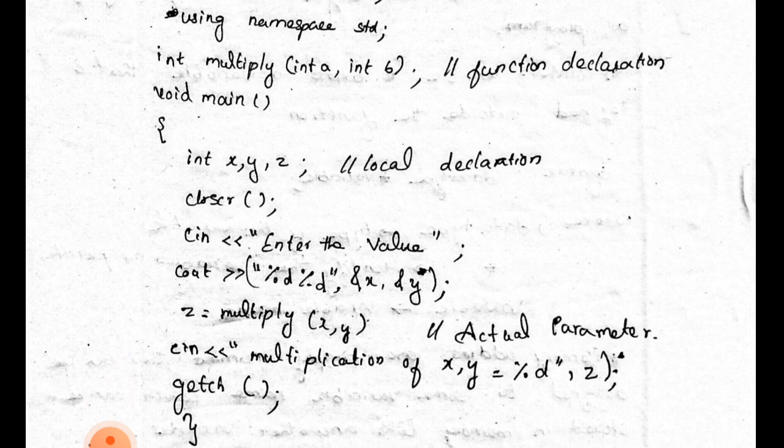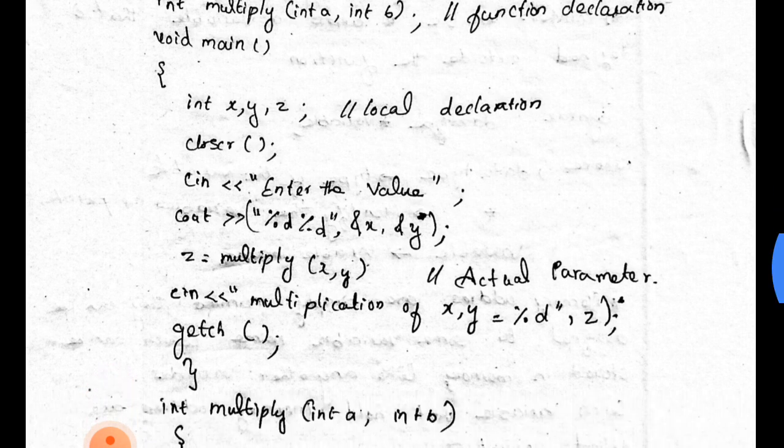Then clear screen, then we give the input values, enter the values, we get x and y, then multiply them. This is an actual parameter. The actual parameters we want to multiply, the values are taken from the user side. That is called actual parameter used here.